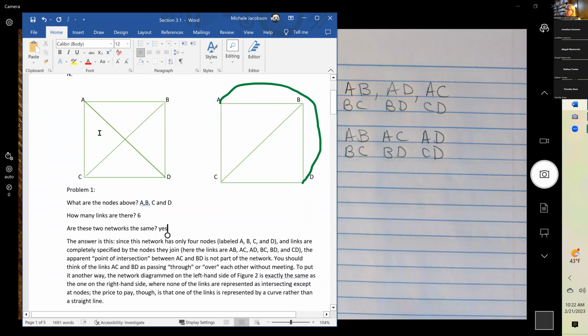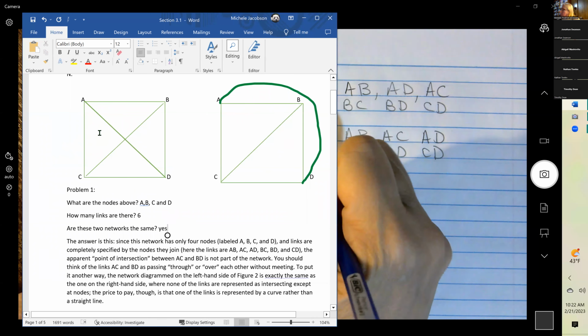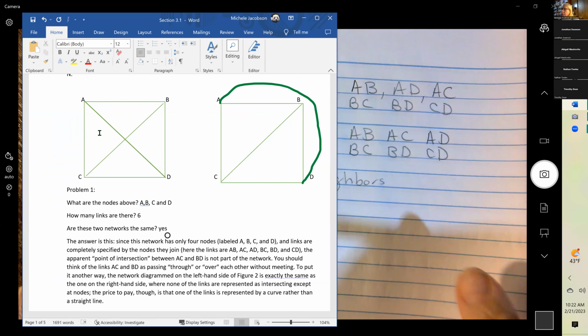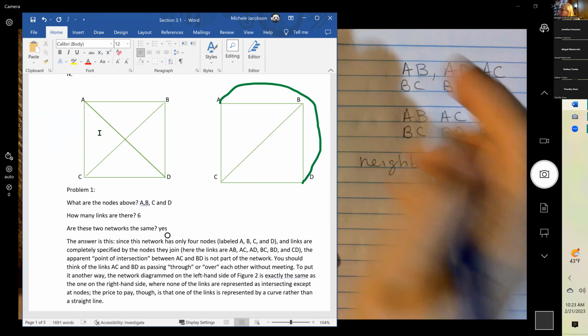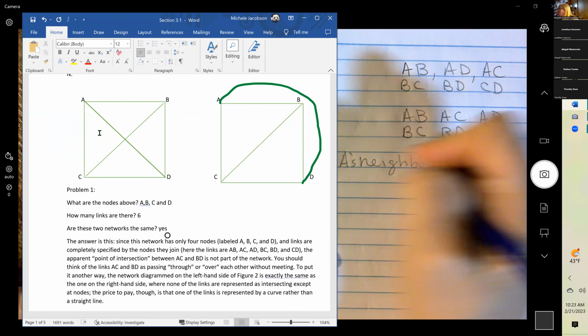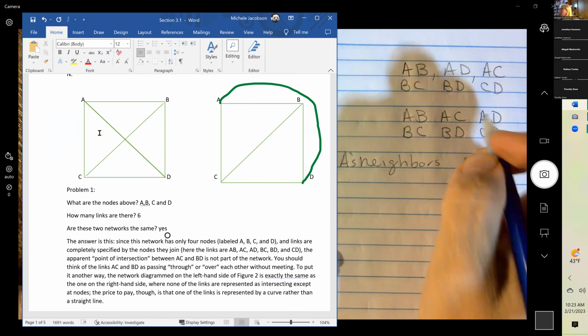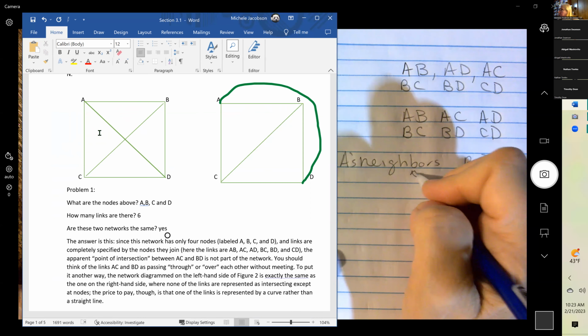So A's neighbors are B, D, and C. So they have 3.